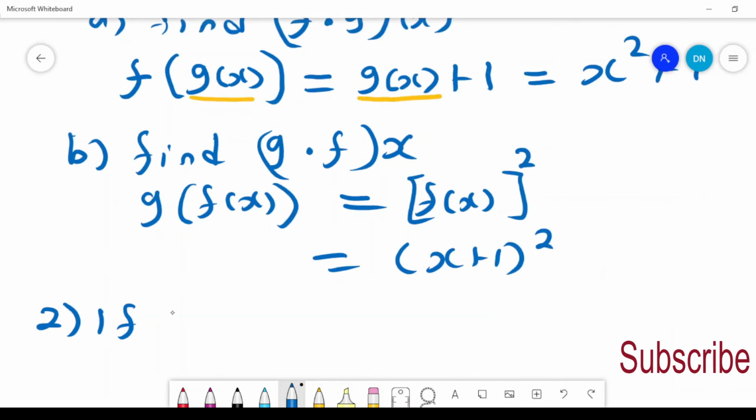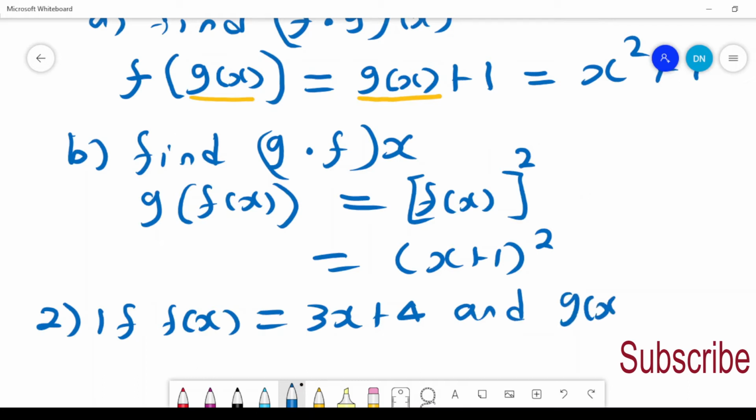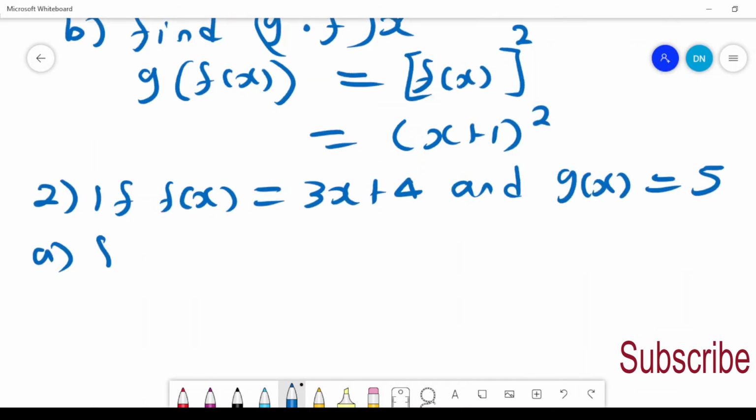So if f of x is equal to 3x plus 4 and g of x is equal to 5, what is f of g?